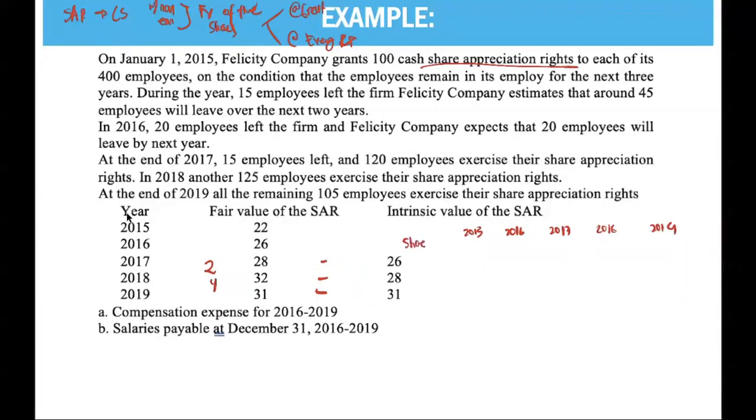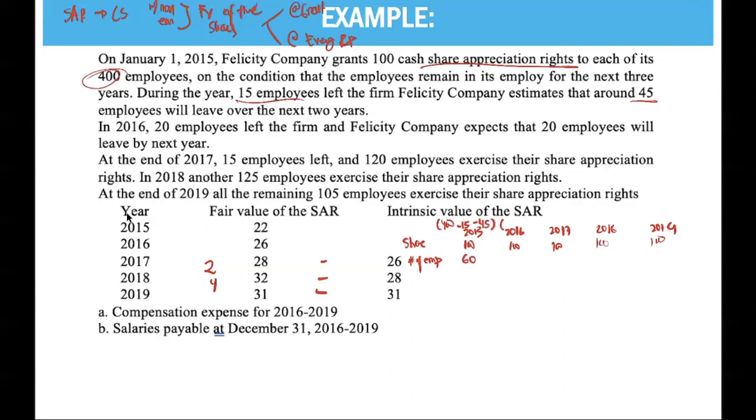Number of shares, so 100, 100, 100, 100, 100. Number of employees. For 2015, our number of employees is first we have 400 initially, and then 15 employees who left, and then 45 which is expected to leave. So this is 60 employees.